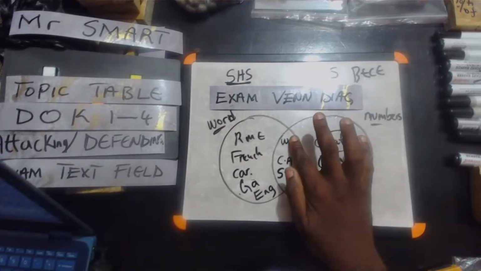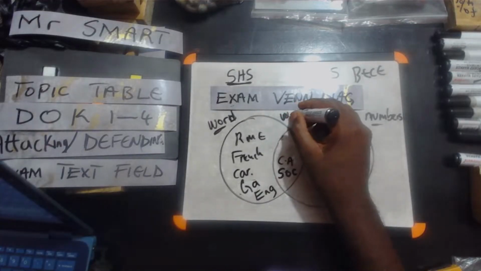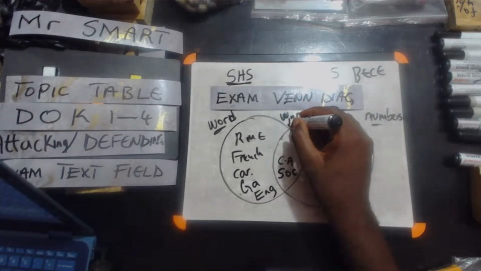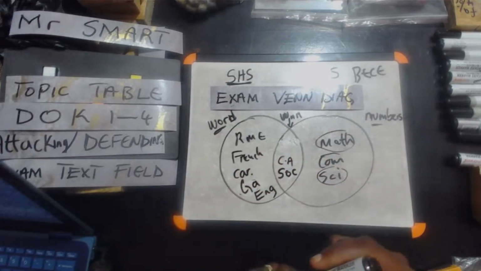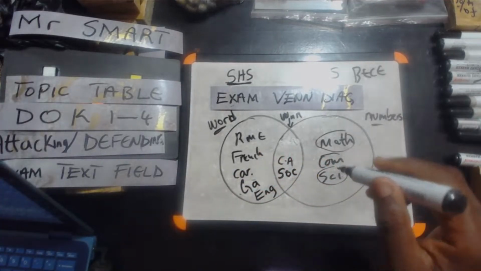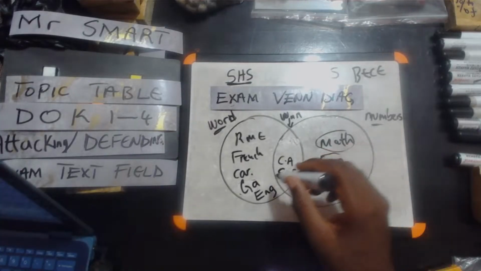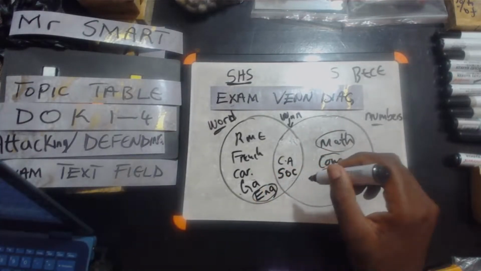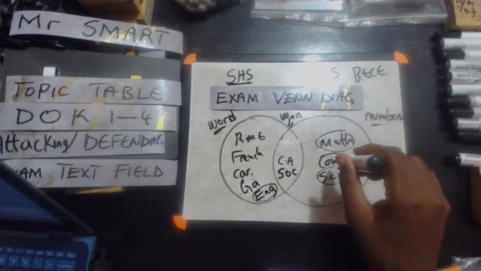Yes. This was just a description. So let's put it here. Word intersection number, which is this group. So the similar subjects in SHS, you have math, science. I think you have English and you have computing, but I think it's an elective.